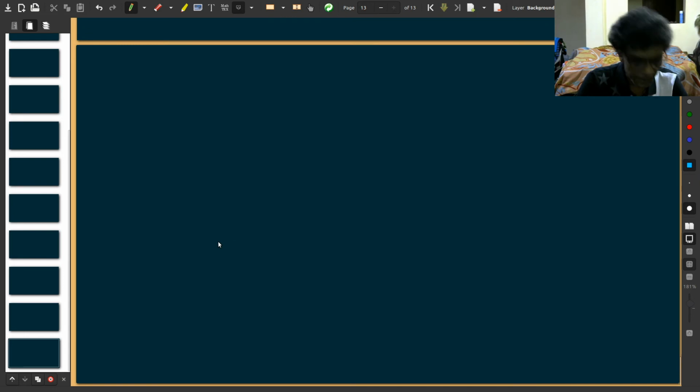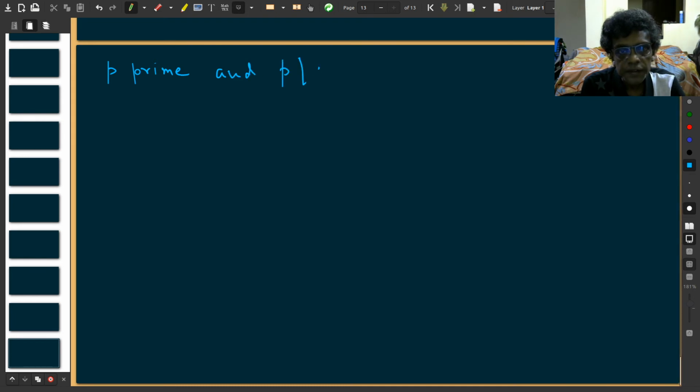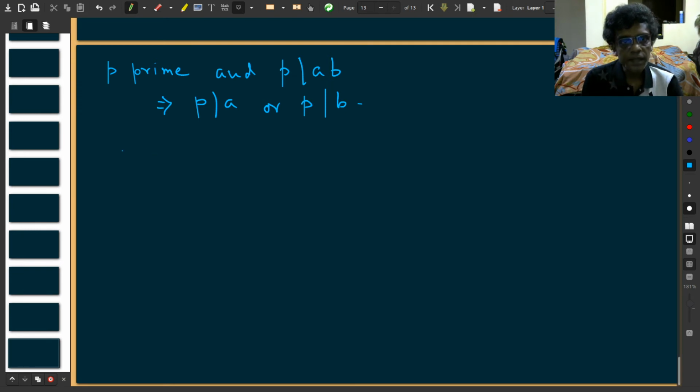But this is the final and most important theorem. But before doing that, let me just recollect. So I have proved that P prime and P divides a product AB implies P divides A or P divides B. Okay. Therefore, I can generalize this result to this theorem.